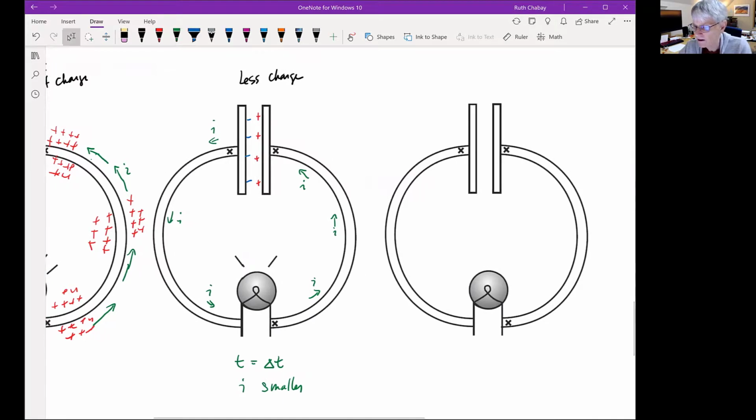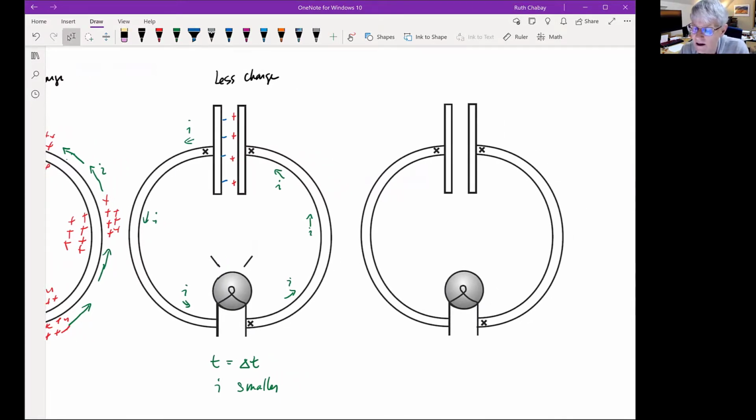And finally, we get back to a place where how much charge do we have on the capacitor now? Well, all the excess electrons have flowed off the negative plate and around the circuit. So now we're back to having 0 charge.